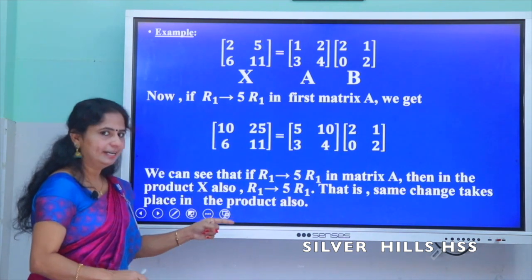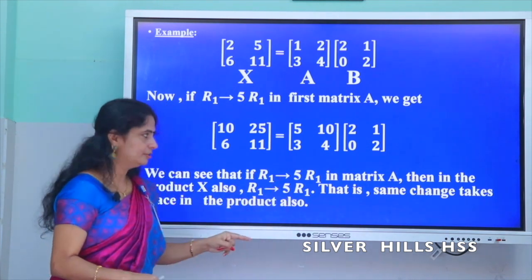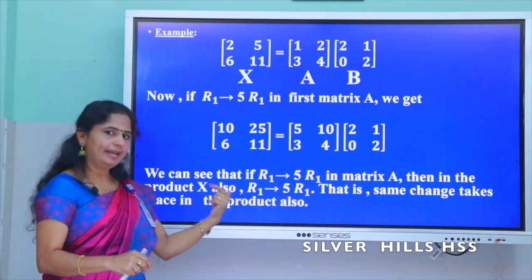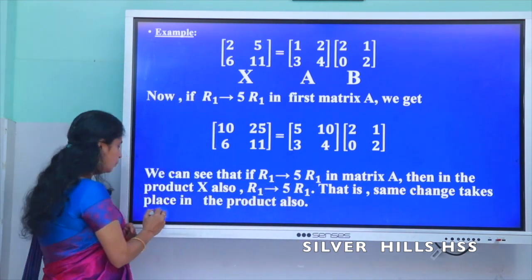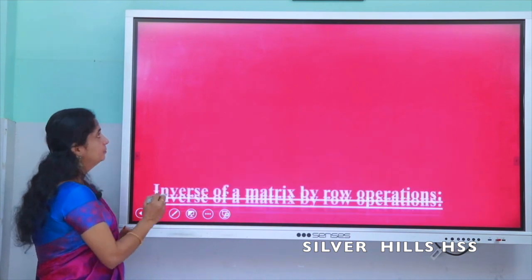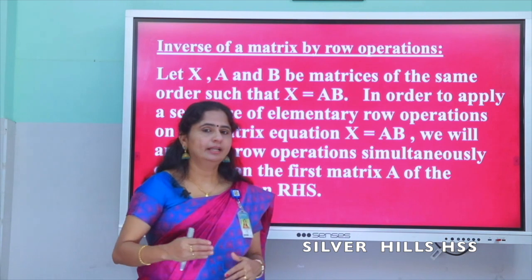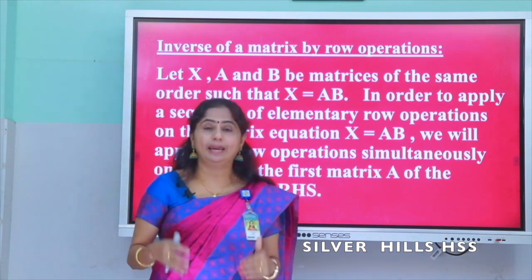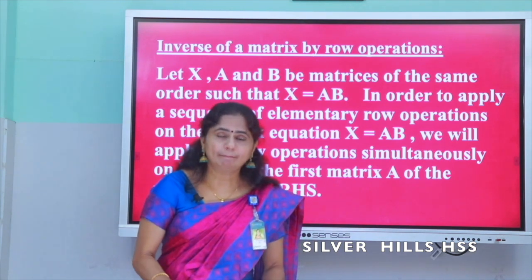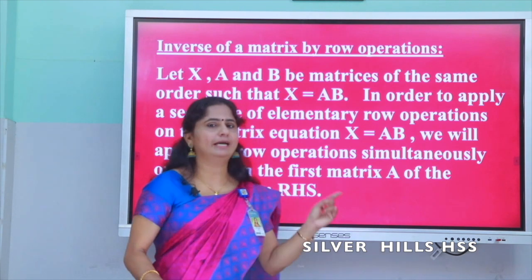Therefore, if R1 transforms to 5R1 in matrix A, then in the product X also R1 becomes 5R1. So with this example, we can say that when we apply the row operation on the matrix equation X is equal to AB, it should be applied on the product X and the first matrix A simultaneously.